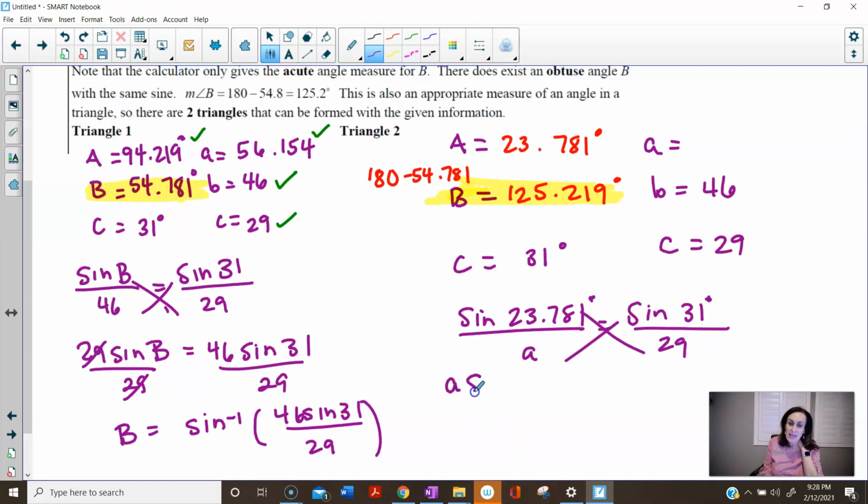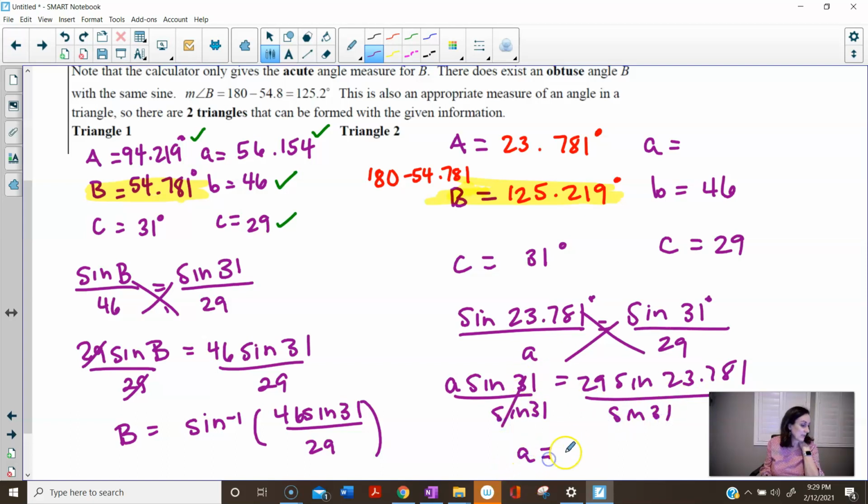So you have A sine of 31 is equal to 29 sine of 23.781, and then divide by the sine of 31. Those are going to cancel, and A is going to equal 22.705.